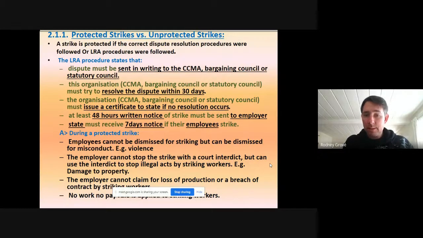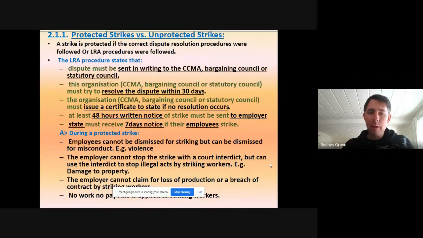The organization, that's the CCMA or Bargaining Council or whoever, if they are unable to resolve the dispute in 30 days, they then have to, by law, issue a certificate to say that there's been no resolution of that dispute. In other words, the dispute has not been resolved. There is no solution. With that certificate, you as the employee will then go and give your employer a copy of that certificate a minimum of 48 hours before you intend going on strike.